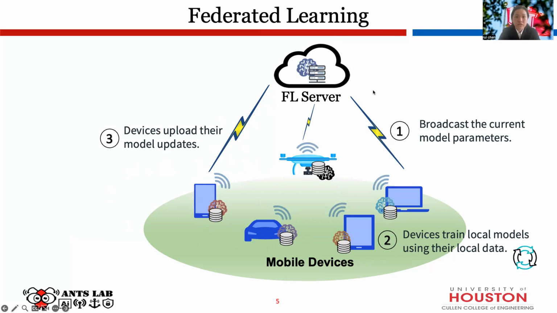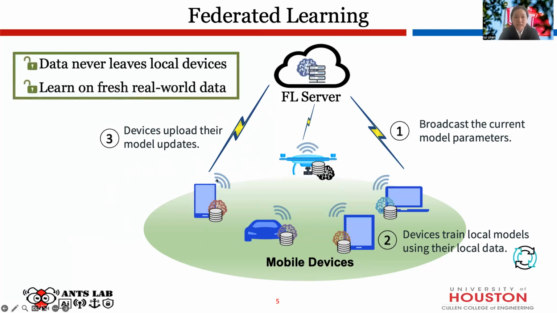During this entire training process, the data always stays on the local device, hence data privacy can be preserved. Meanwhile, the client can learn knowledge from other devices using this shared global model, so the model performance and generalization can be guaranteed.